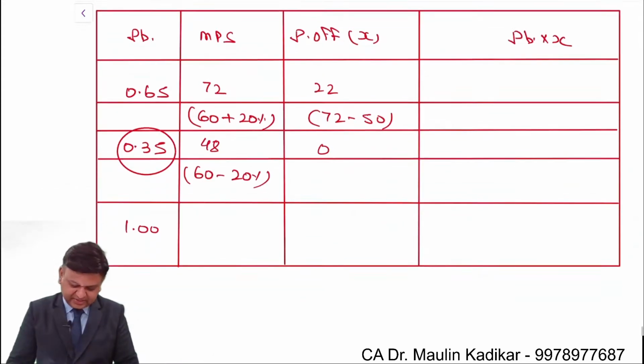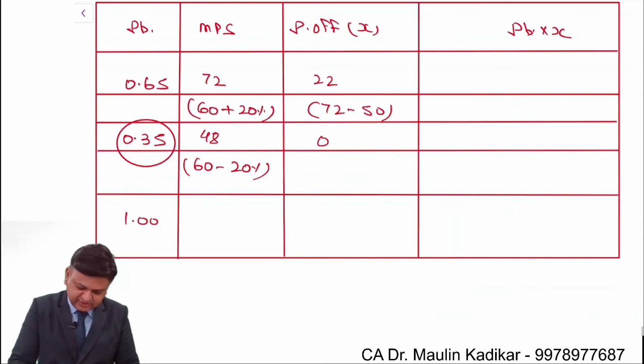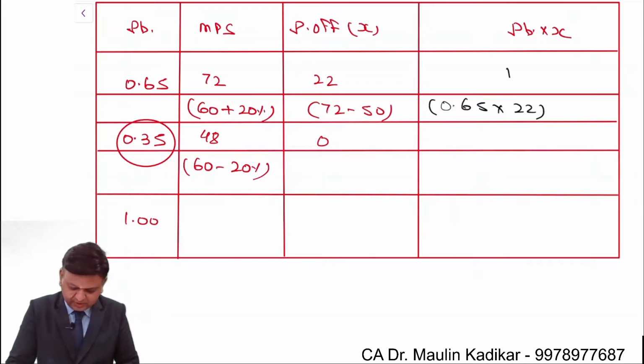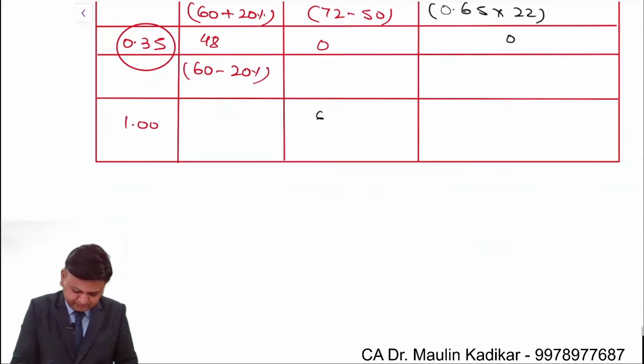So here we understand that say there are 65% chances that you will get 22 rupees, that is 14.3. In the second case it is 0. So the expected payoff is 14.3.